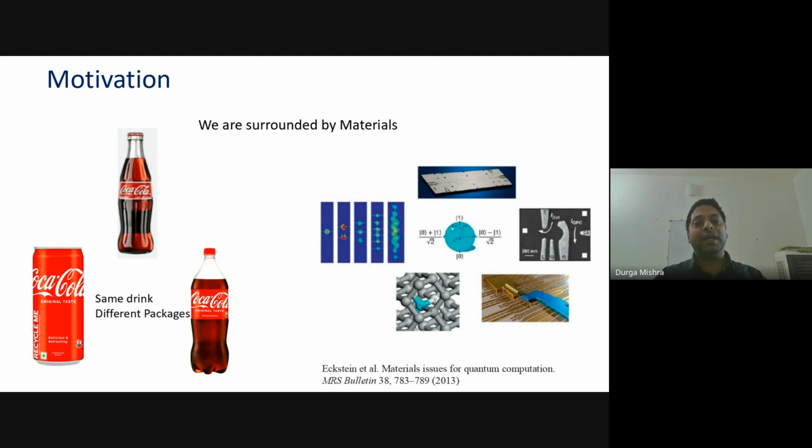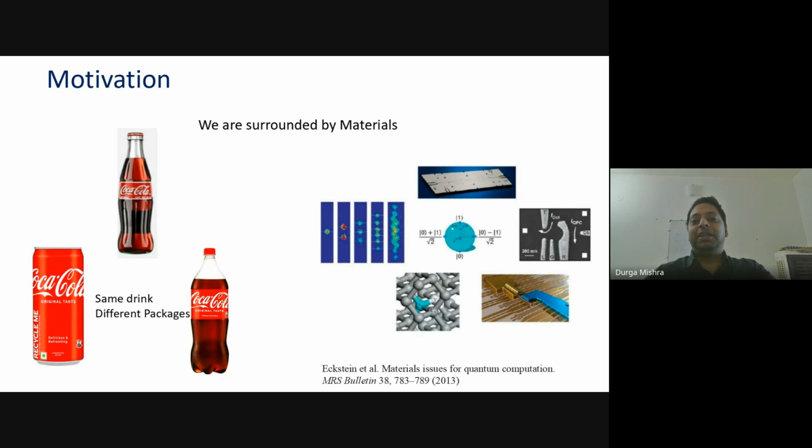One can also create some exotic, very interesting particles within a material to produce these qubits and then use them for quantum computing. Then you can also create very precise defects in solids, and that can also be used for quantum computing. So there are many options.